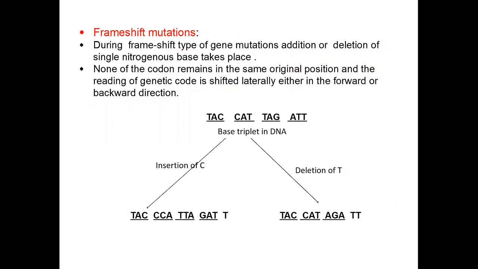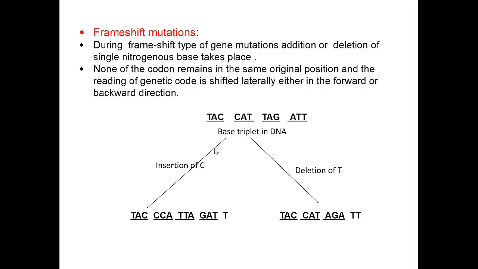Now frame shift mutations. During frame shift type of gene mutation, addition or deletion of a single nitrogenous base takes place. None of the codons remain in the same position, and reading of the genetic code is shifted laterally either in the forward or backward direction. You can see here the base triplets in DNA: TAC, CAT, TAG, ATT.